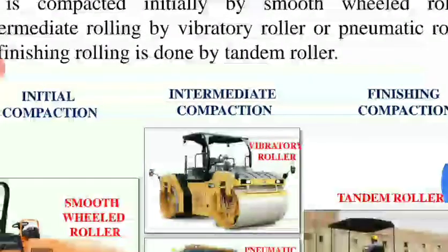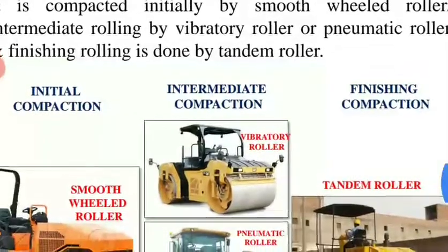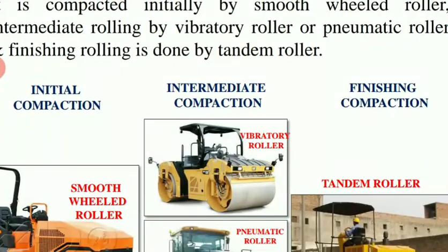This compaction is done by using different rollers, so that the compaction can be done 100% with a satisfactory maximum dry density.